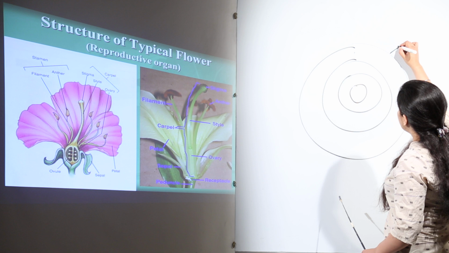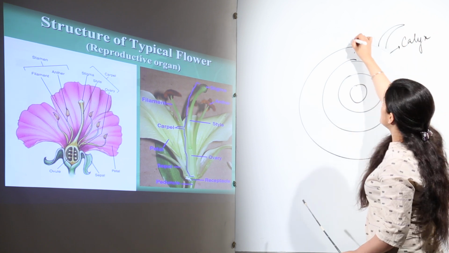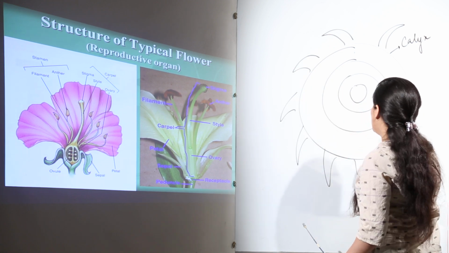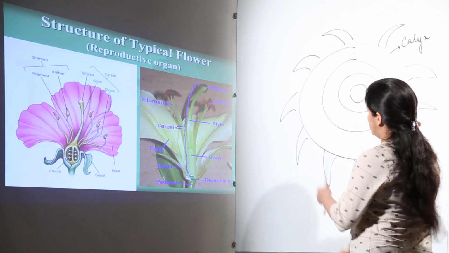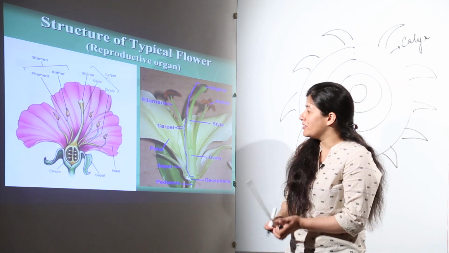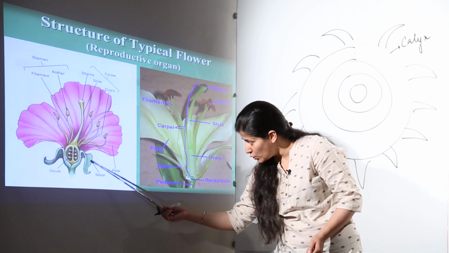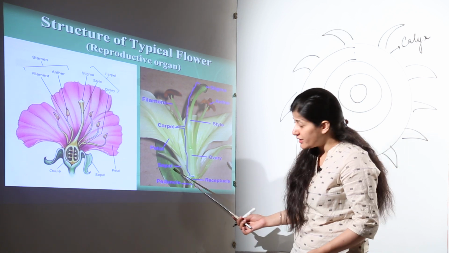The outermost whorl is called calyx and it bears appendages called sepals, the green part. My diagram looks somewhat like a star, but what you see over here is the outermost whorl bearing appendages known as sepals. As you can see, this is the sepal, the green part.